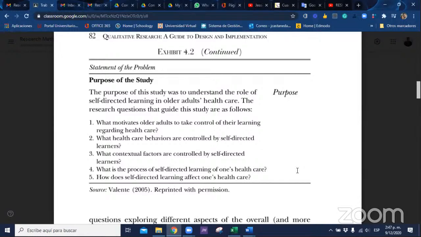What method? What would you say? Any idea? Say something, don't be shy. Some of the methods that we have studied.